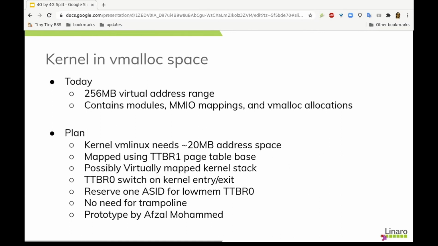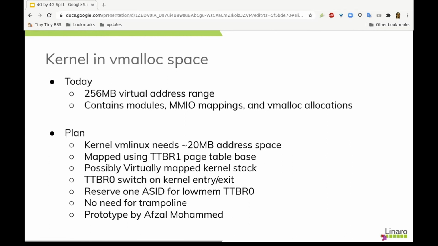The kernel is around 20 megabytes typically on the 32-bit system, so that easily fits. It's maybe 10% of the available address space. We could also map the kernel stack into the same vmalloc area, which we currently don't. So this is something we have to decide at some point, and we'll see later why.